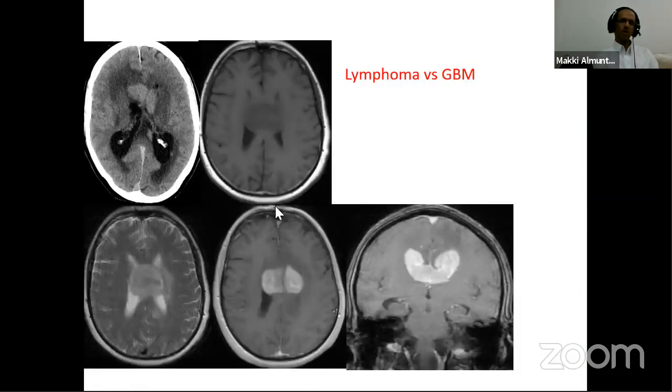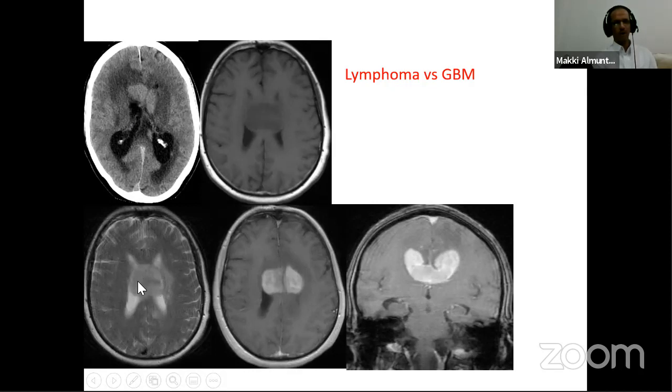I want also to show you, when you see a midline mass like this, what could it be? The differential will include lymphoma, glioblastoma multiforme, or metastasis, or other higher grade primary neoplasm. How to differentiate it? On CT, if you see a spontaneously dense lesion, then this is suspicious for lymphoma. GBM is usually necrotic and hypodense.